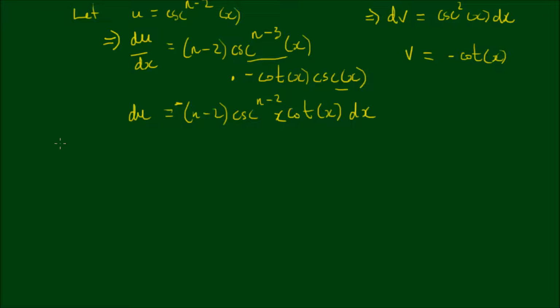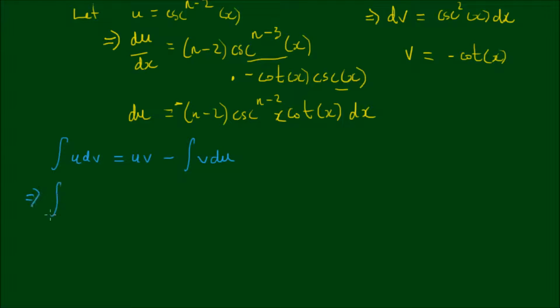Alright, so now that we have both parts, let's apply the integration by parts formula, which is the integral of u dv equals u by v minus the integral of v du.